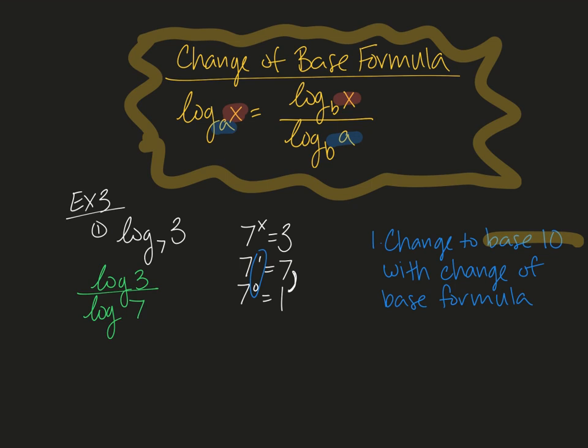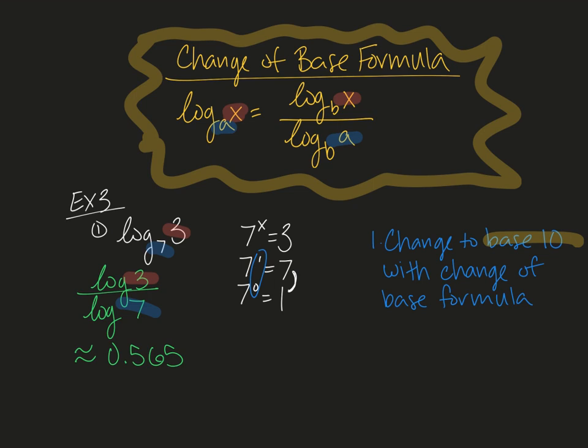And again, if you remember, like I pointed out at the top, 3 is the big number on top, so that's the log that goes on top of my fraction. 7 is the base, so that's the one that goes down in the base. What you are then going to do is do this on a calculator. Again, turn your calculator sideways, or find a calculator that has logarithmic functions on it online. When you do that, you get just about 0.565.